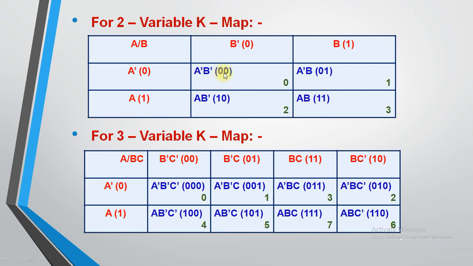The combinations remain as they are: 0 0, 0 1, 1 0, 1 1, that is 0, 1, 2, 3. I hope how to represent a K-map for 2 variables is clear. Let us first move towards the theoretical portion, then I will teach you how to create a 3 variable K-map.